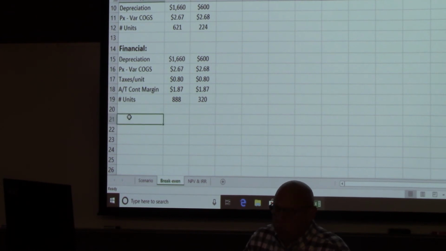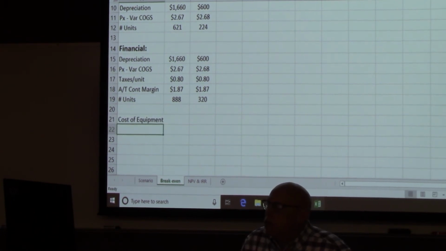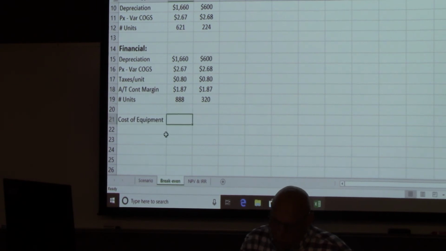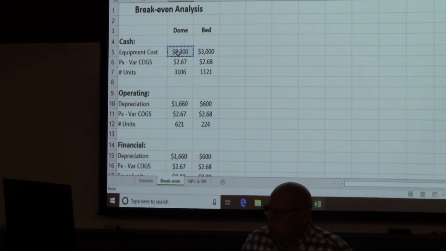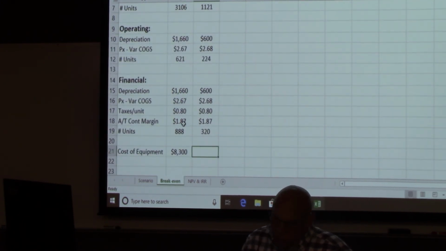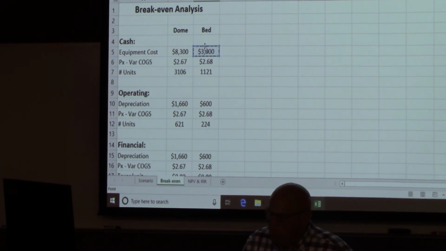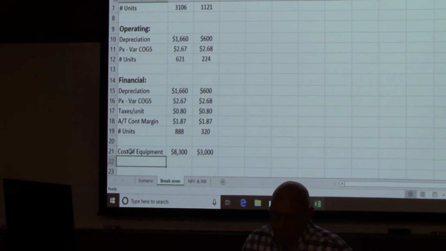Just out of curiosity, let's take the dome cost, let's say cost of equipment, and let's put the dome here, and let's put the bed here, and then let's put the after-tax contribution margin, and that is going to be here.